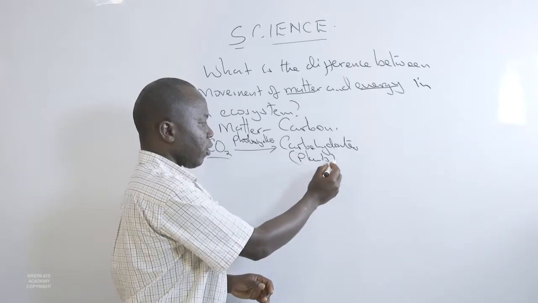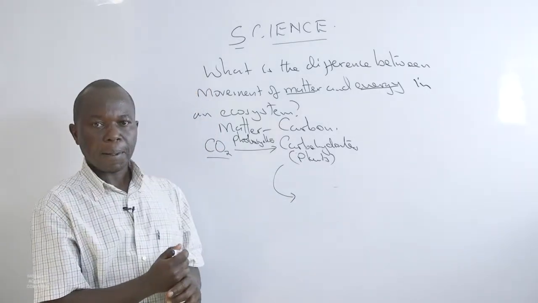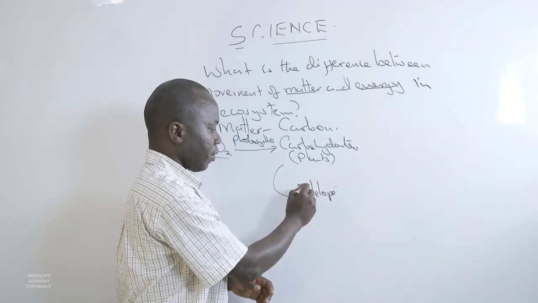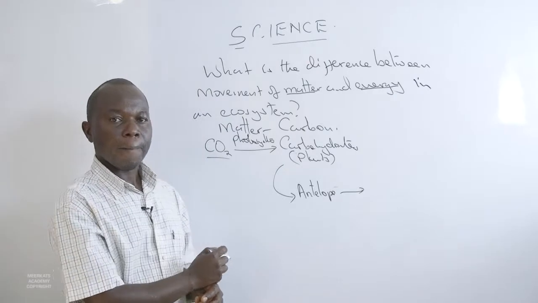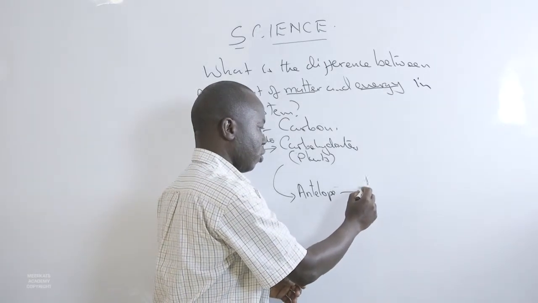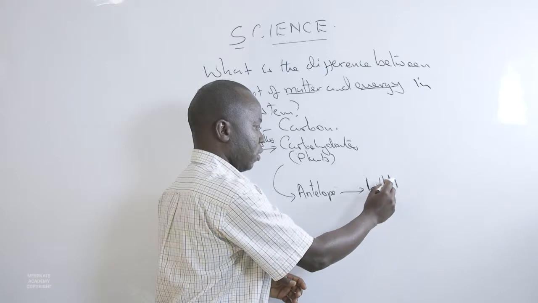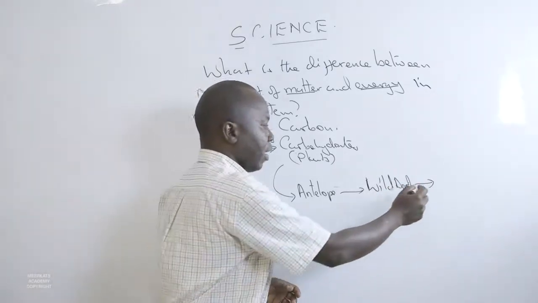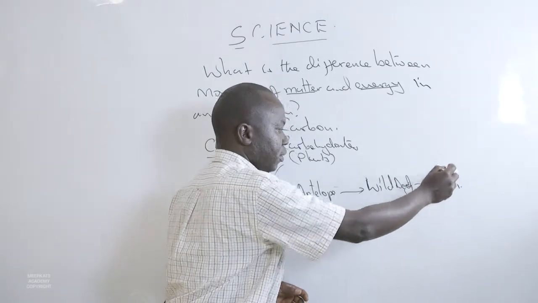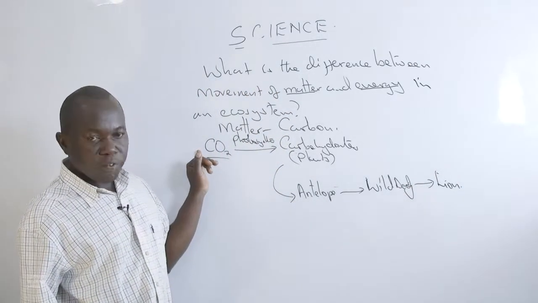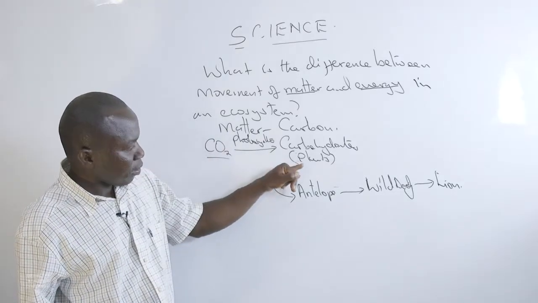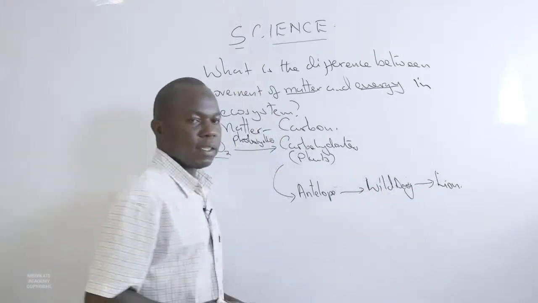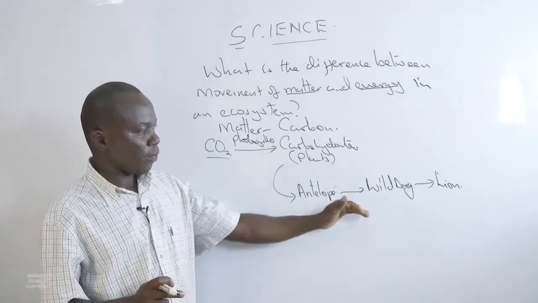Plants will be fed on by animals like antelope. Antelope will be fed on by wild dog. Then a wild dog is fed on by a lion. So it allows flow of matter, carbon, through the plants, the antelope, wild dog, and then the lion. So that is the flow.